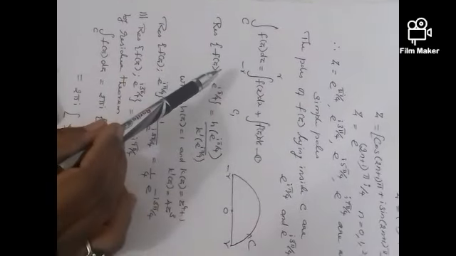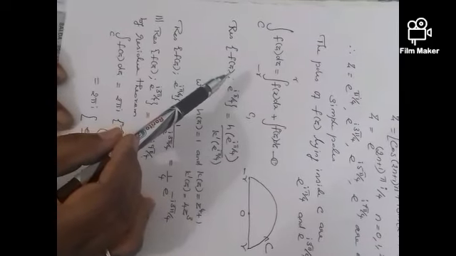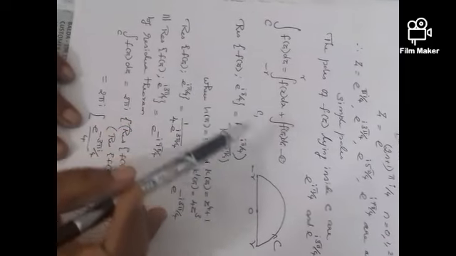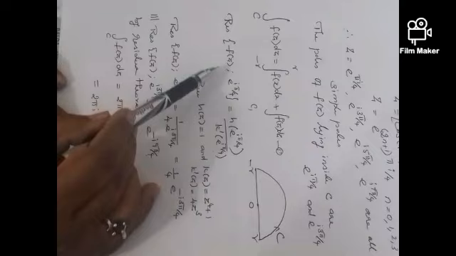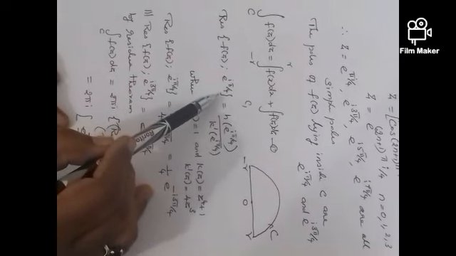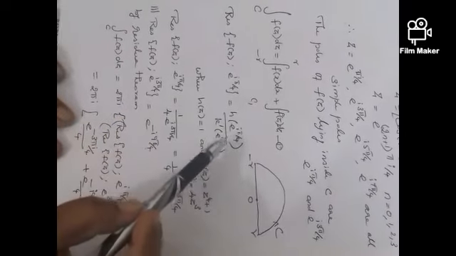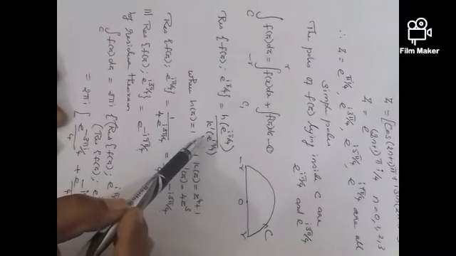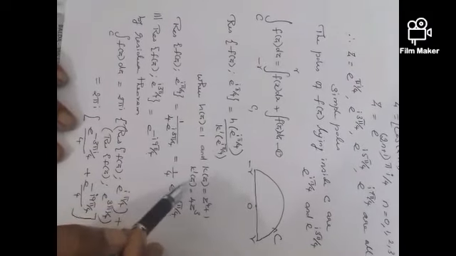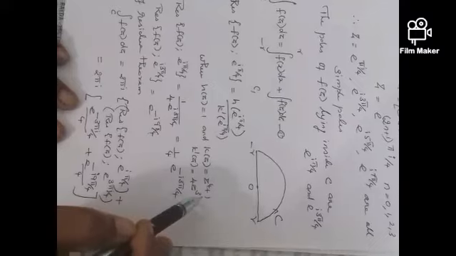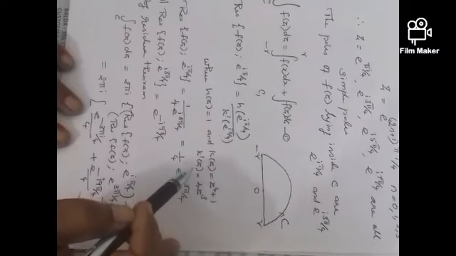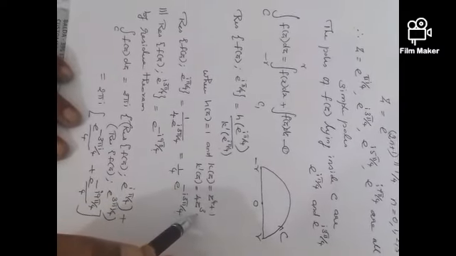Therefore, to evaluate the residues inside the circle, the residue of f of z at the point e power i pi by 4 is equal to h of z divided by k dash of z, where h of z equal to 1 and k of z equal to z power 4 plus 1. Therefore, k dash of z equal to 4z cube.